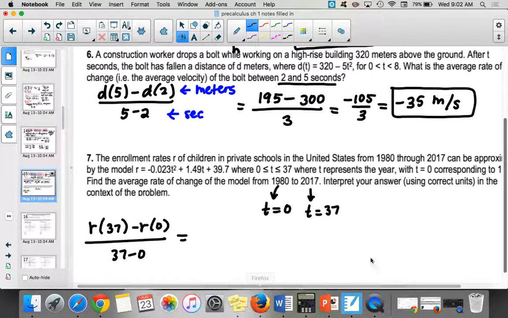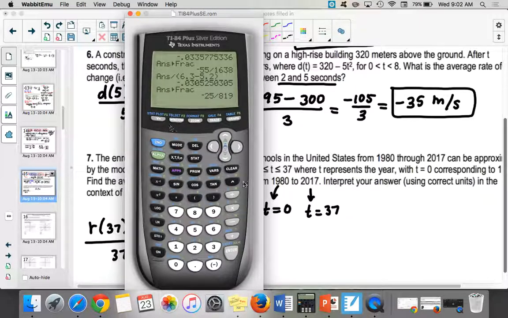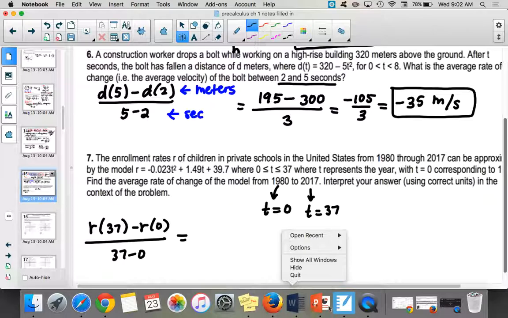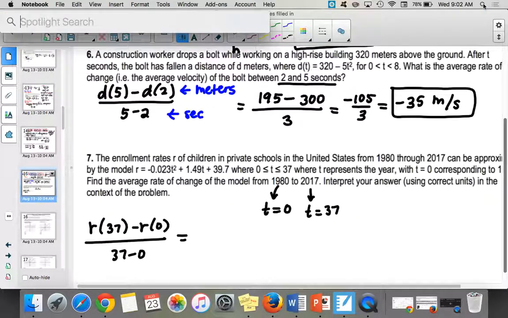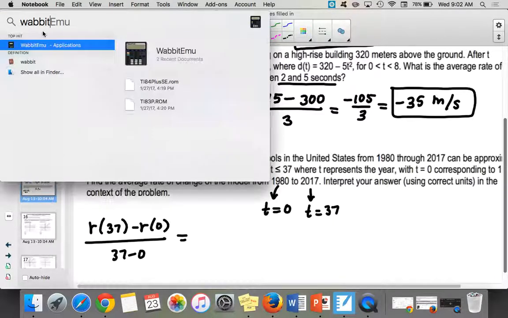Now you can do this a couple different ways on your calculator. But what I do a lot of times is I cheat my way through. I let my calculator do all the work. So I'm going to put it in for y1.